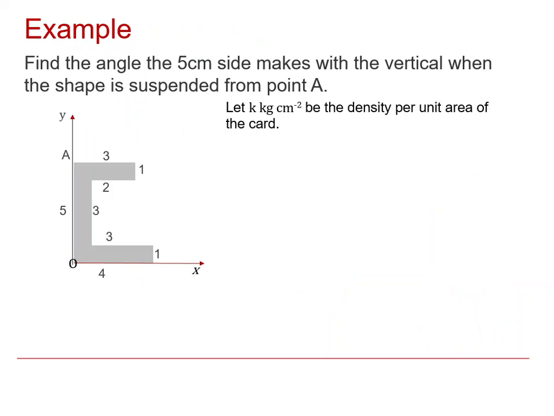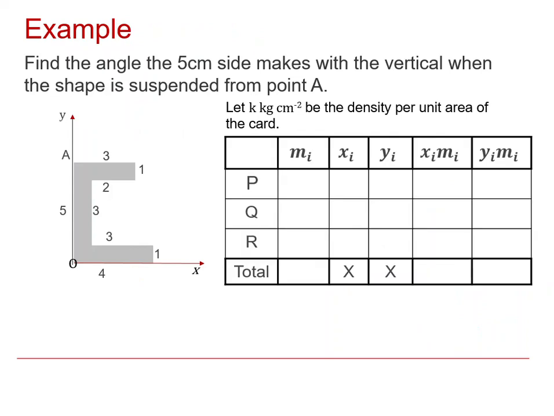Here we introduce k kilograms per square centimetre for the density per unit area, so that we can turn area into mass. And here's a table. Now what are P, Q and R? Well, I'm going to divide it up by putting a horizontal line there so that this is P and this is Q down as far as another horizontal line, and the bottom bit is R. Now the centre of mass of P is going to be where the diagonals cross.